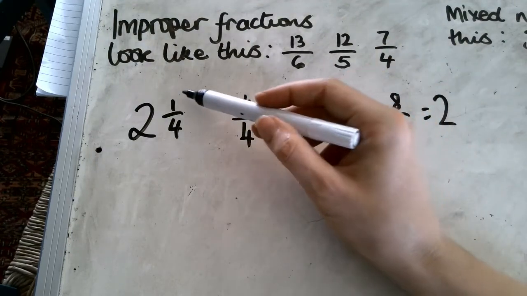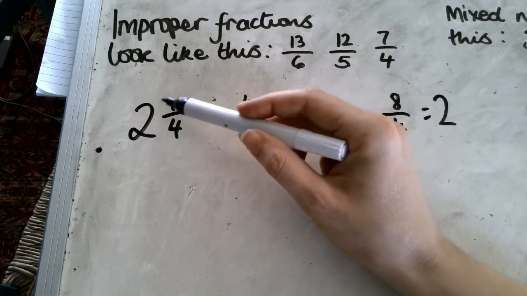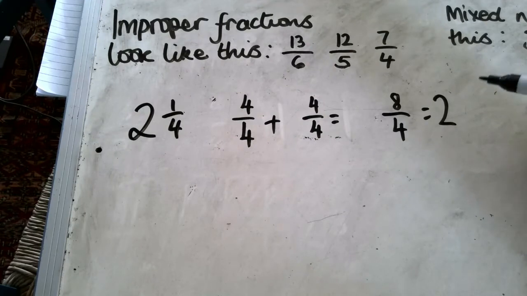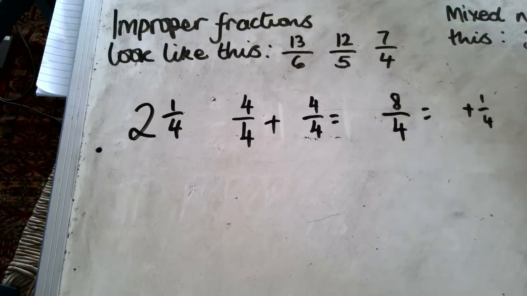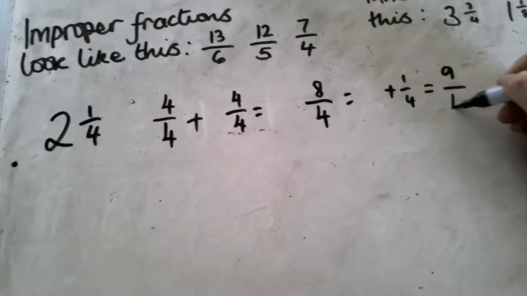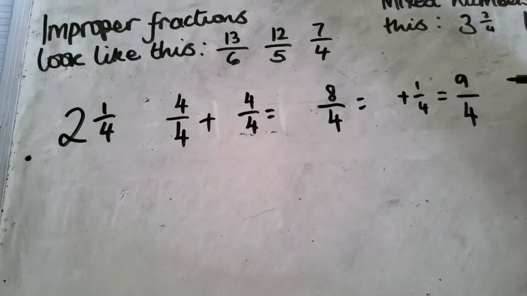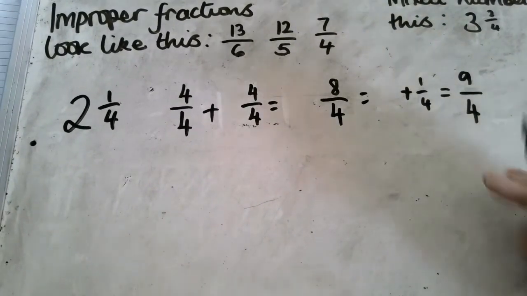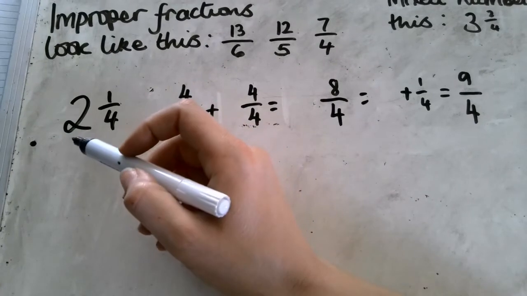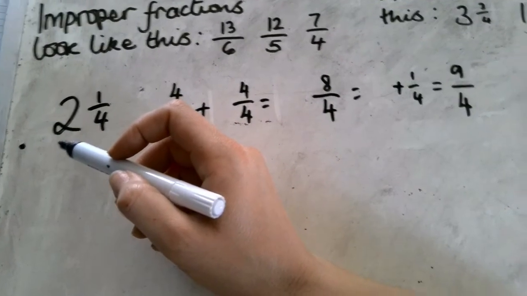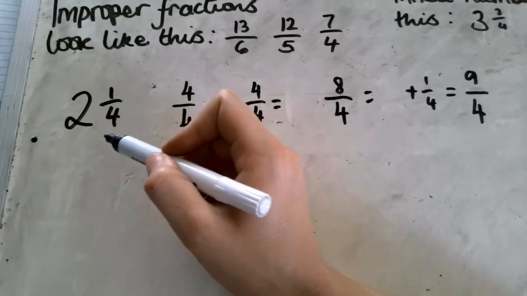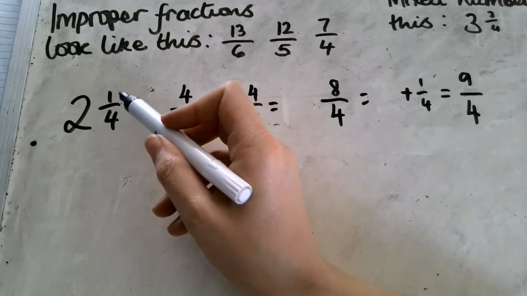We then have this extra quarter here. So we have 8/4 plus another quarter, which equals 9/4.